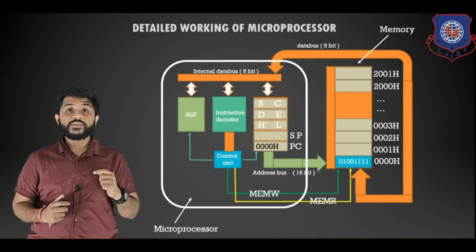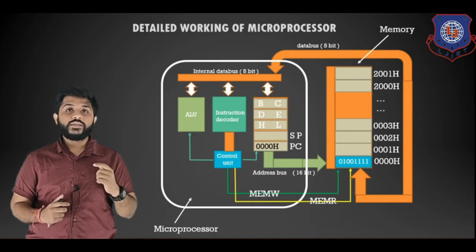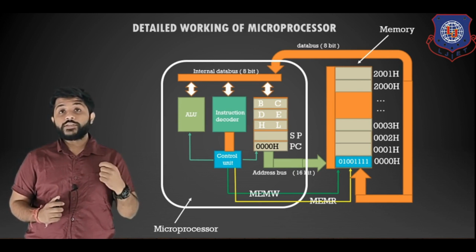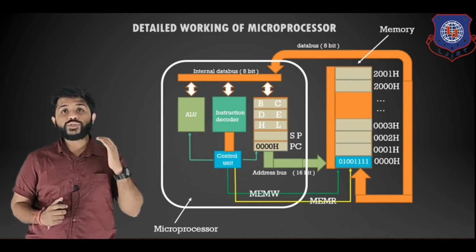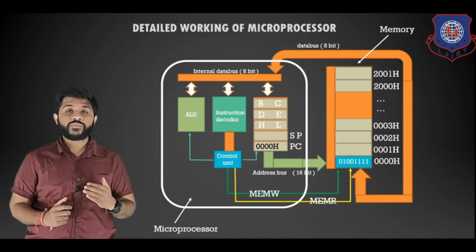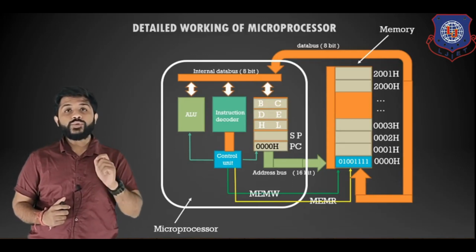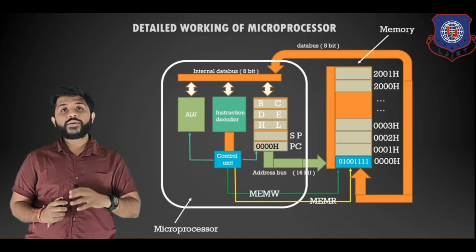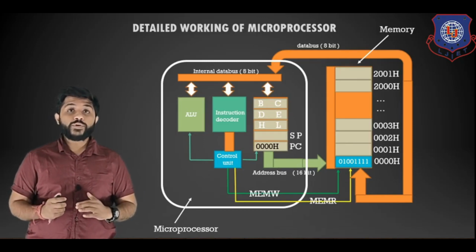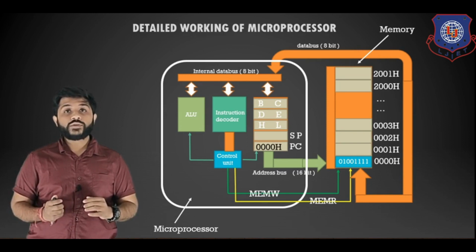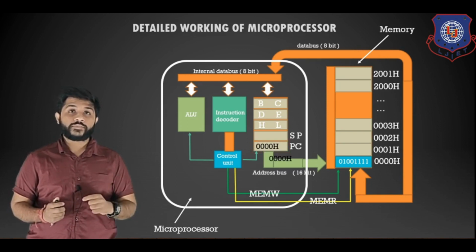Now the processor will start doing its process. It will first fetch the instruction, and to fetch the instruction, it is going to follow some steps. Initially you can see that the value of the program counter is 0. The processor will put the value of the program counter on the address bus.